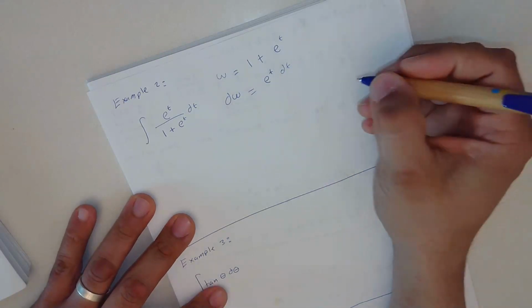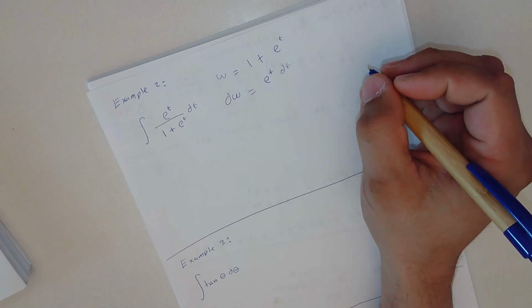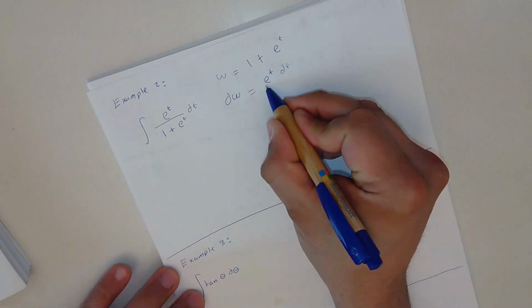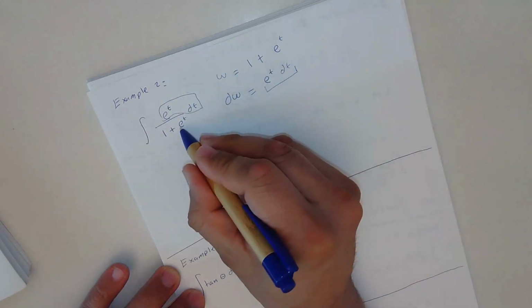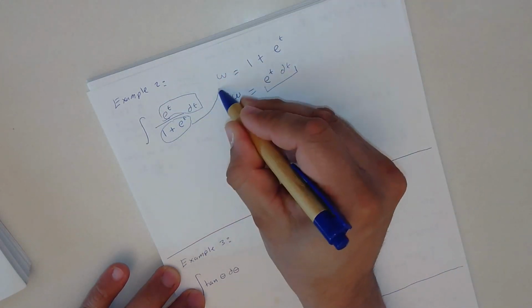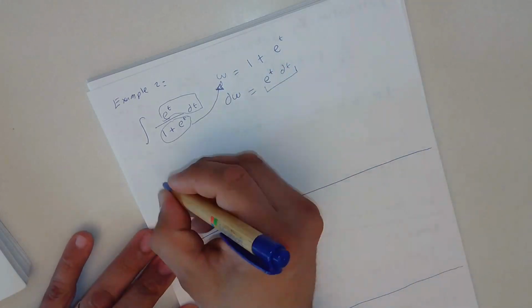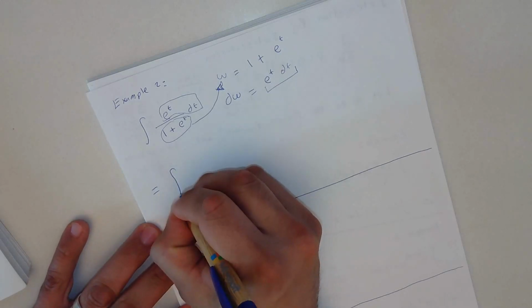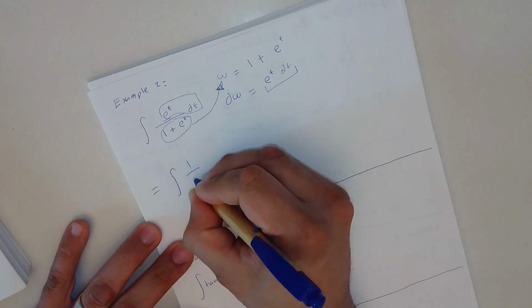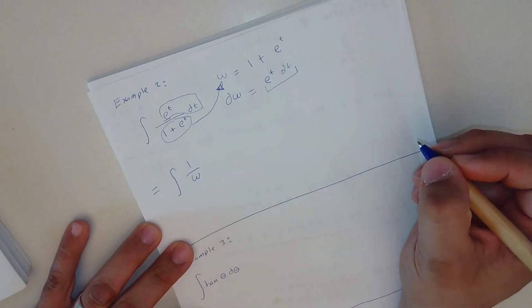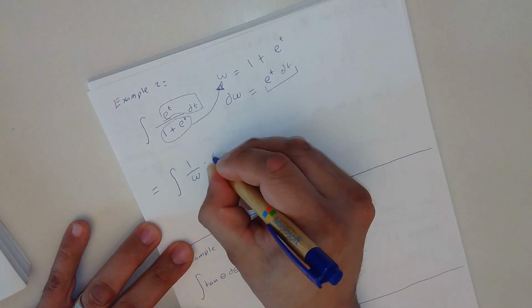Then let's do the substitution. This part is exactly this part that we have here, and this other is the w that we just took for the substitution. So basically we will have 1 over w, multiplied by dw.